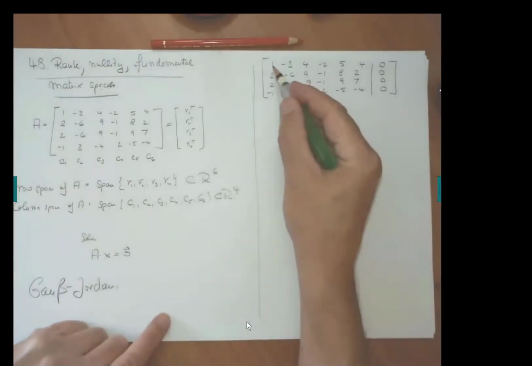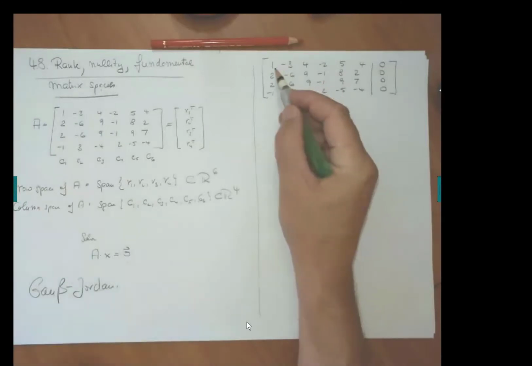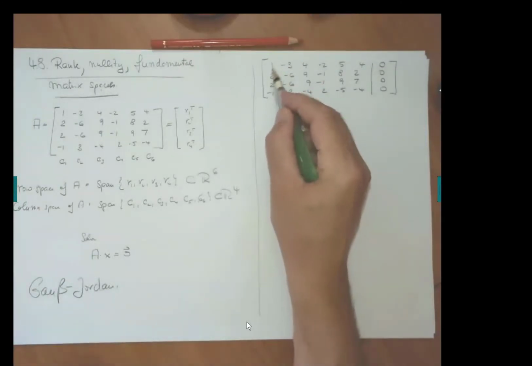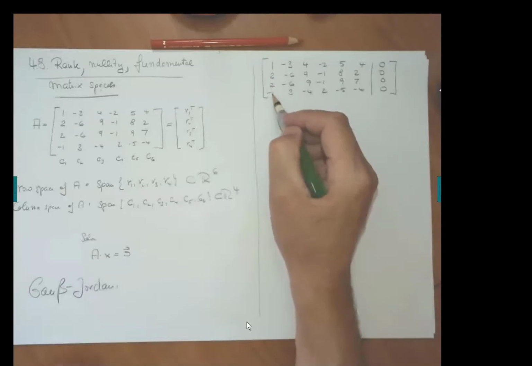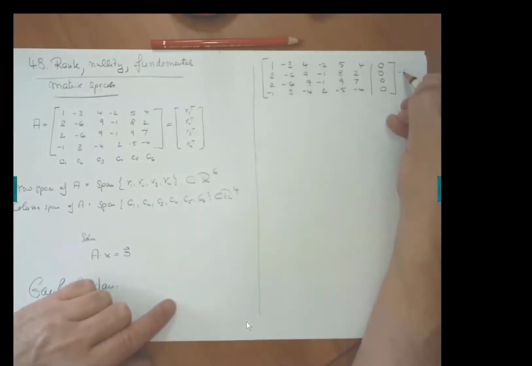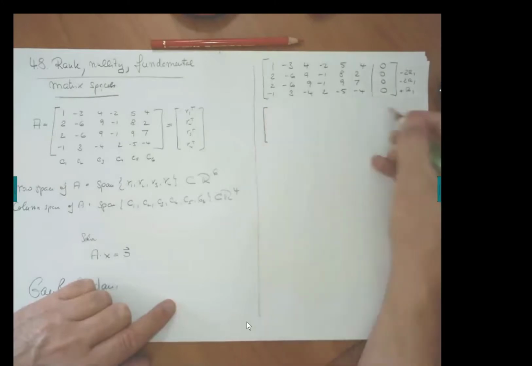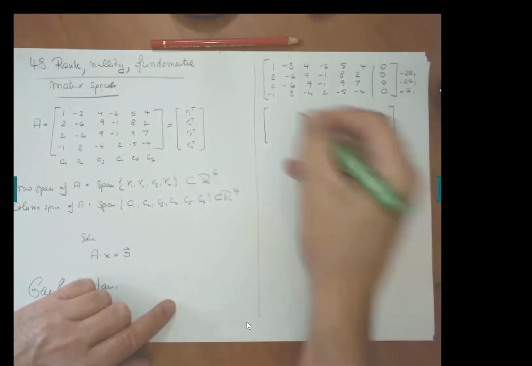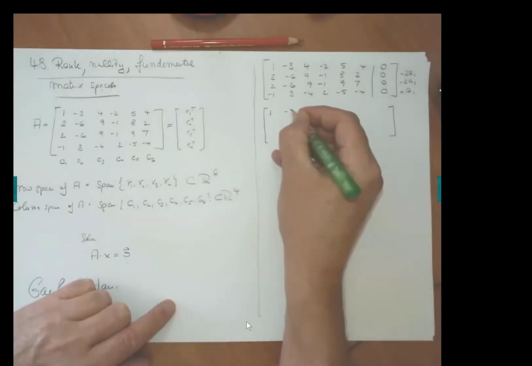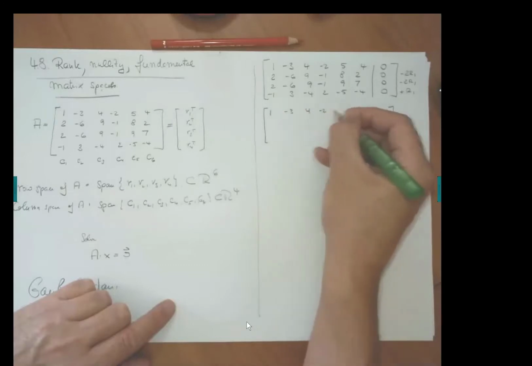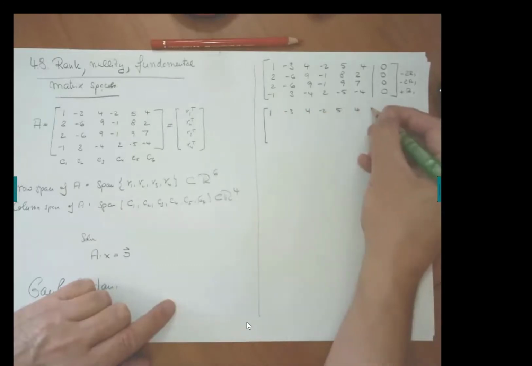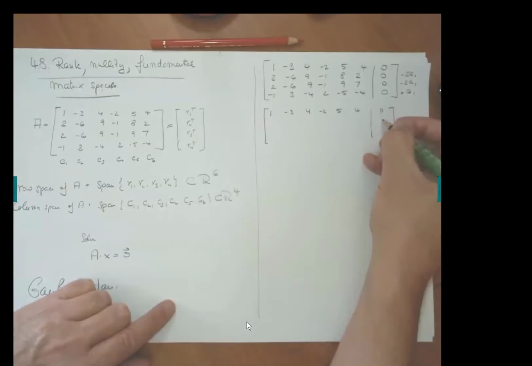Again, our book is nice to us. We have already a leading one, so I make zeros below it. So -2 times row 1 plus row 2, and so on. That will already generate the zeros in the first column under the leading one. Row 1 stays 1, -3, 4, -2, 5, 4, 0.